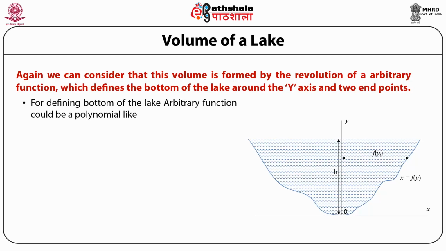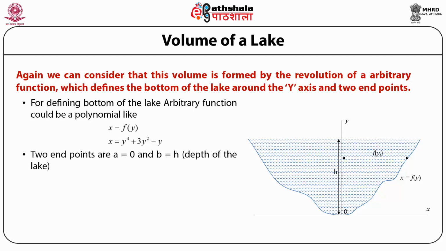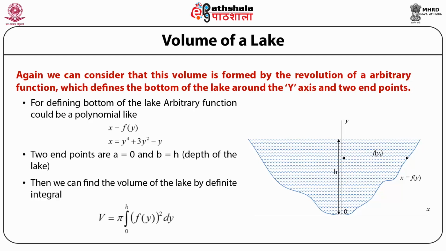For defining the bottom of the lake, it could be any polynomial f of y, which can be defined as y power 4 plus 3 y squared minus y. The two endpoints are a is equal to 0 and b is equal to h, which is the depth of the lake or the height of the lake. Then we can find the volume of the lake by the definite integral pi going from 0 to h of f of y whole squared dy.